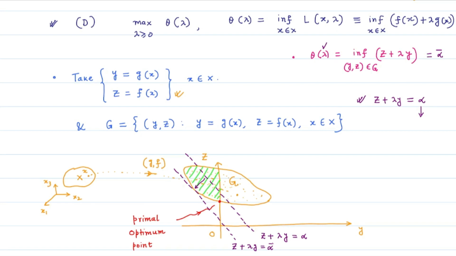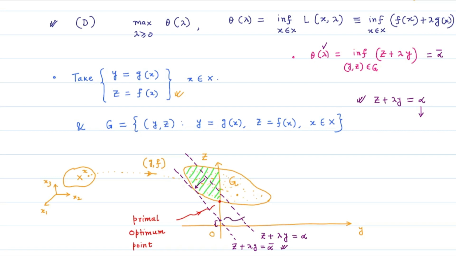And here you notice that this alpha bar is nothing but the z-intercept of this line. Z plus lambda y is equal to alpha bar, and therefore the value of this alpha bar is this much amount of value, the z-intercept of this supporting line.